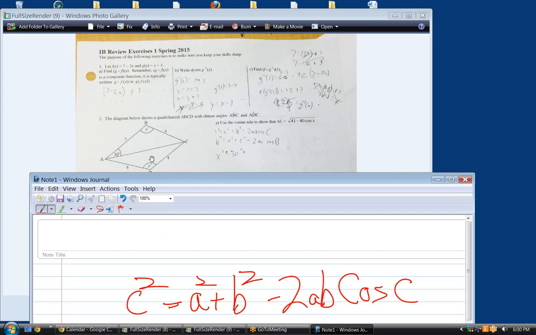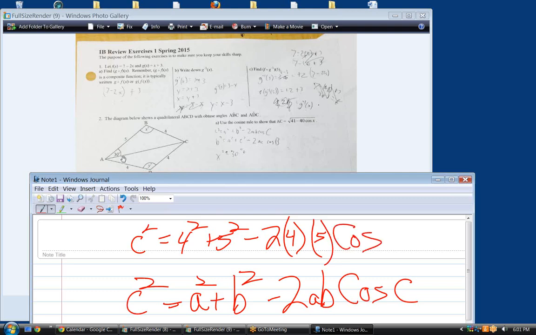So if I let c be AC, c squared is going to be 4 squared plus 5 squared, minus 2 times 4 times 5, times the cosine of the angle opposite this side, which is x.